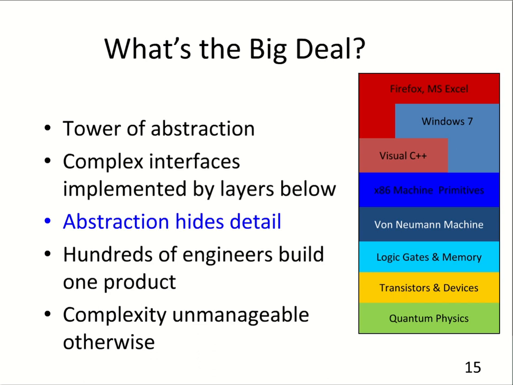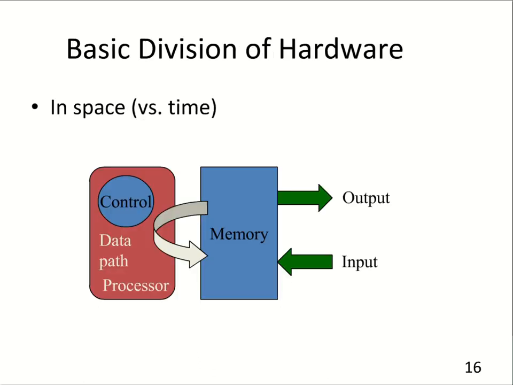And that allows now hundreds of engineers to build a single product that implements that entire stack without having to necessarily know much at all about what happens both above and below the abstraction layer that they're operating at. If we didn't have this capability to hide the details, the complexity of this entire system would be unmanageable. There's no way that a single person could implement all of this and understand all of this complexity without hiding the details using this concept of abstraction.